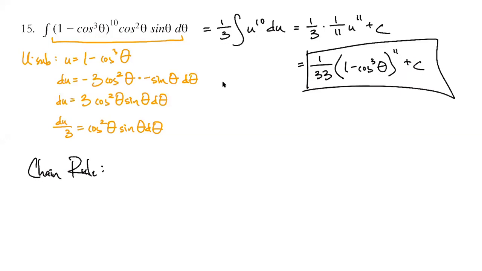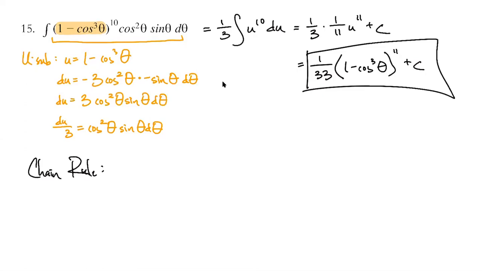When you first learned U sub, one of the strategies I hope you learned was that the things that are raised to the power tend to be the U. In this case, this 1 minus cosine cubed theta is raised to the power of 10. So that's probably a good thing to try for the U.